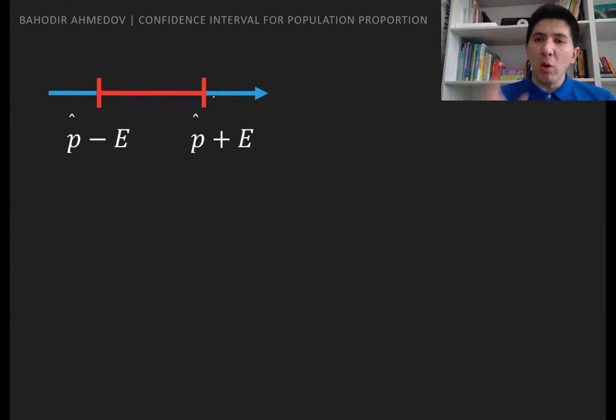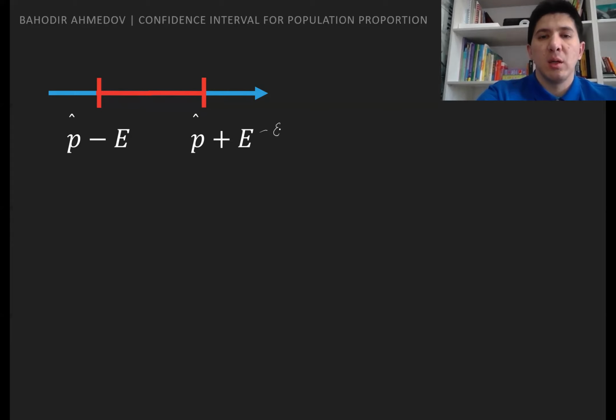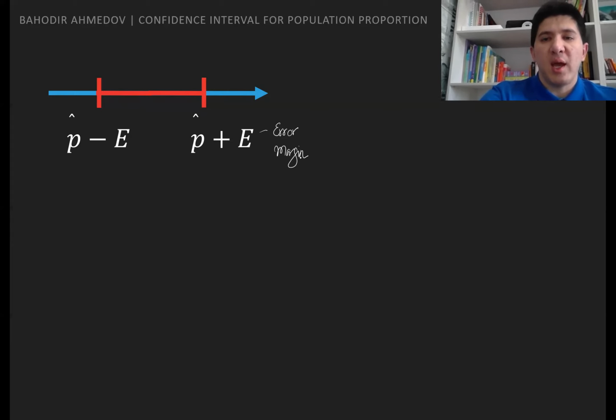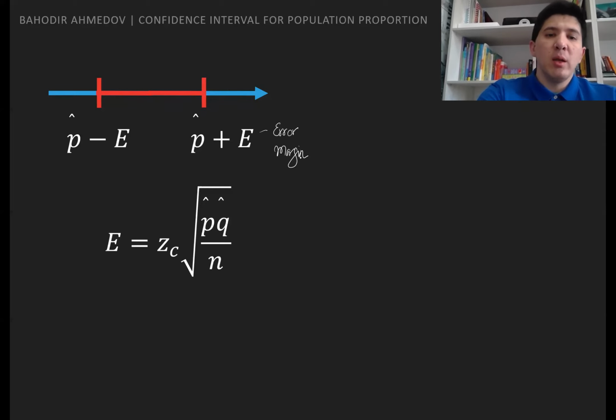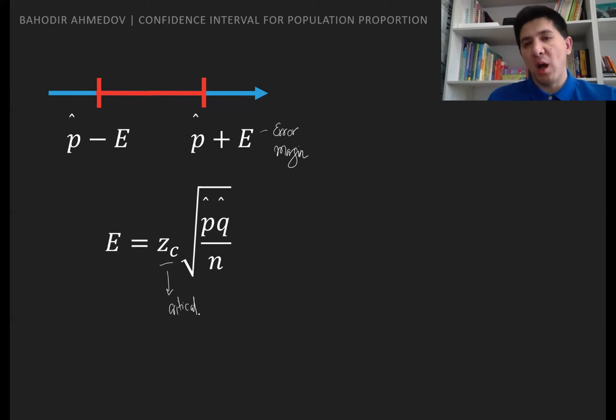And we can control the size of this confidence interval because of this formula for the E. Here the E is called the error margin, and it depends on many things. The formula to calculate the error margin for the population proportion is this one, where Zc is the critical point depending on the confidence level.